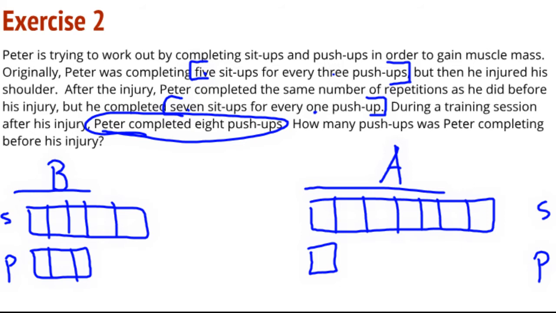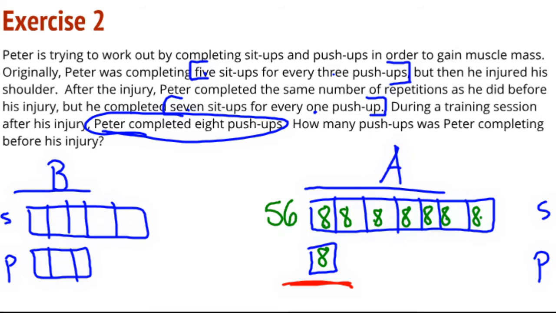Well, looking at my tape diagram, I can see that I have 1 unit for the push-ups. So the value of this 1 unit is going to be the 8 push-ups. And that means the value of all the sit-ups here is going to be 8. Now I can do a bit of math here and say that I've got 1, 2, 3, 4, 5, 6, 7. 7 times 8 is 56.